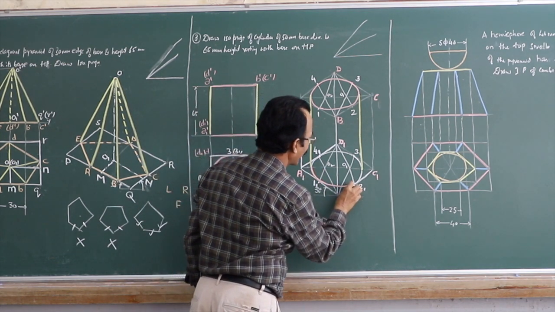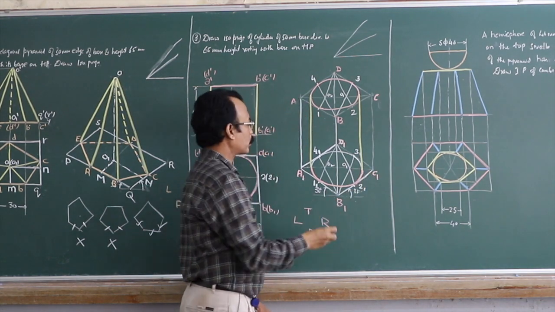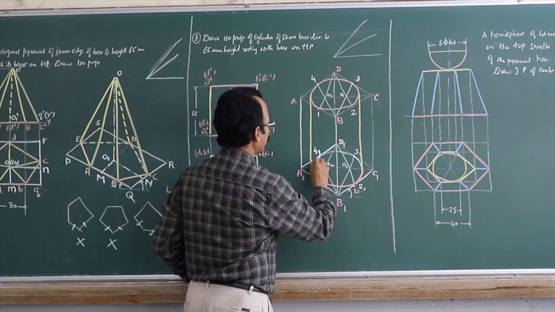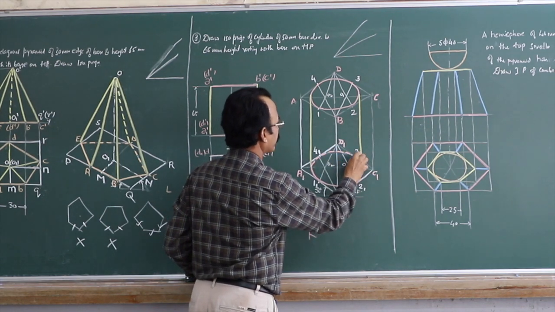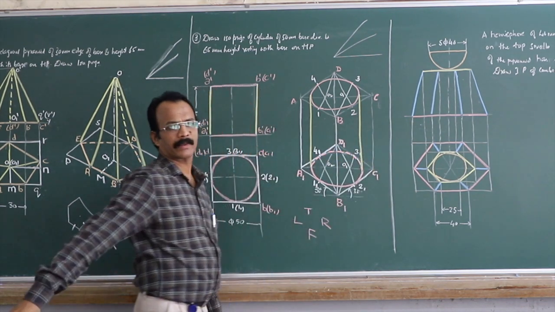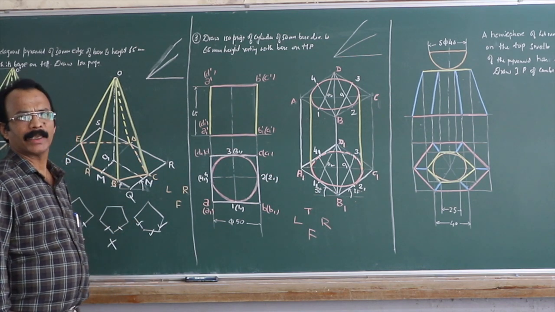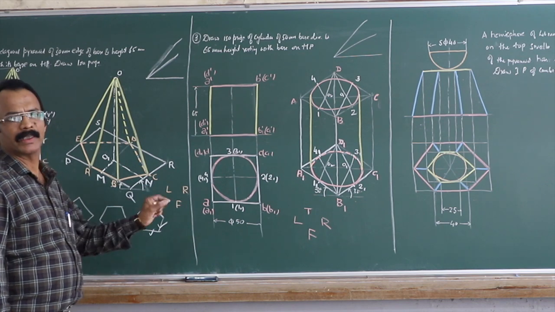So you make this dark, either freehand or using the instruments. Then this portion of the ellipse which is on the back side will be hidden there, like this. Okay, so this is the method for drawing the isometric projection of a cylinder.